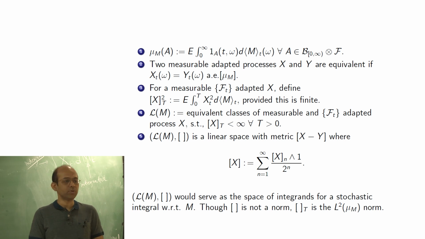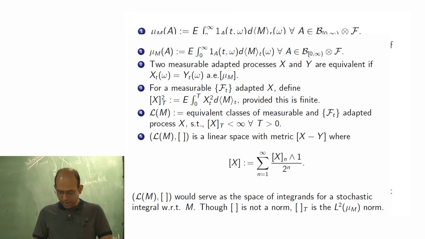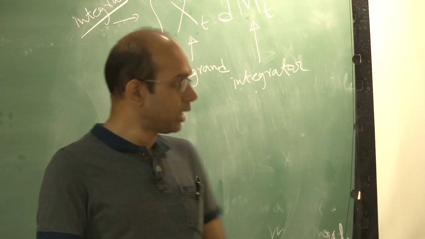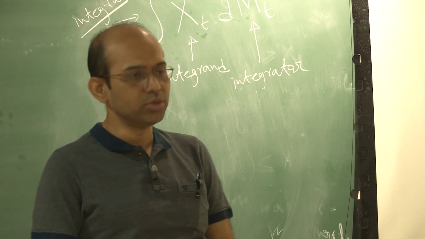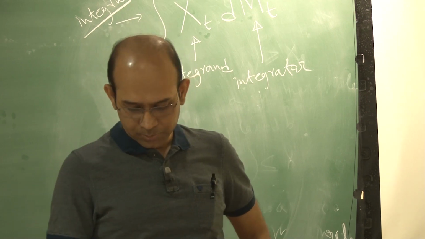This infinite sum of course converges, because the numerator is always less than or equal to 1 and the denominator is 2 to the n, so it is dominated by a geometric series. This series value is taken as the distance of X from 0. So, this L M box would serve as the space of integrands for a stochastic integral with respect to a given M.